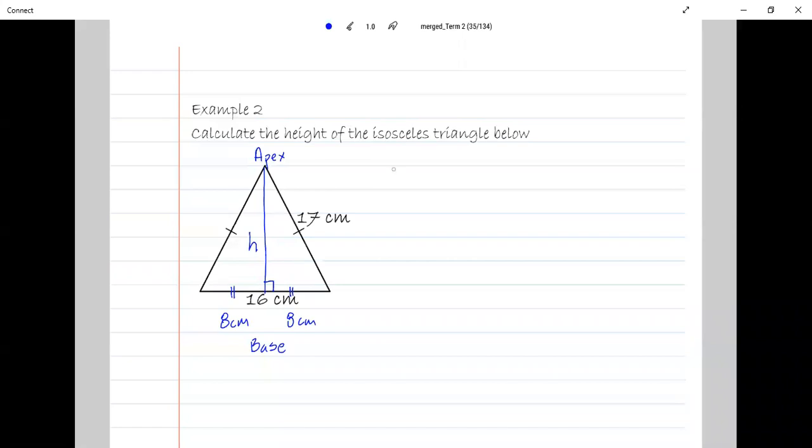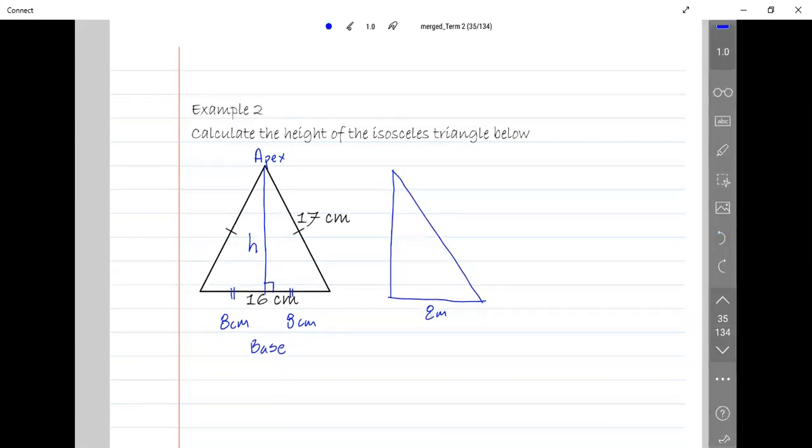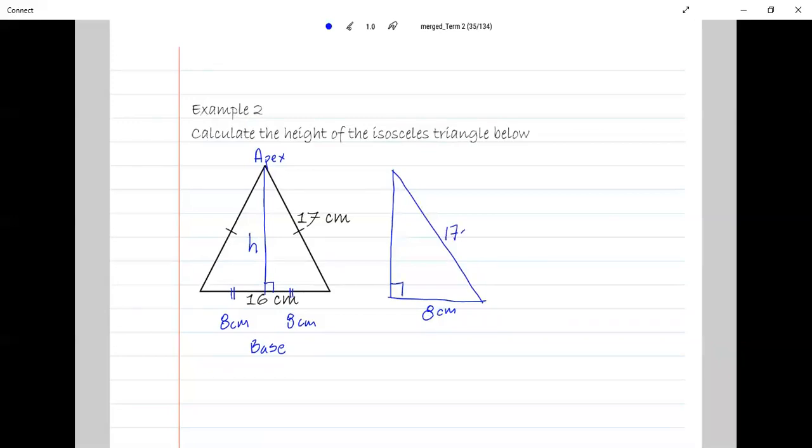So what I really have working with is this. This is 8 centimeters here. This is 8 centimeters, right angle. This is 17 centimeters, and this is h.